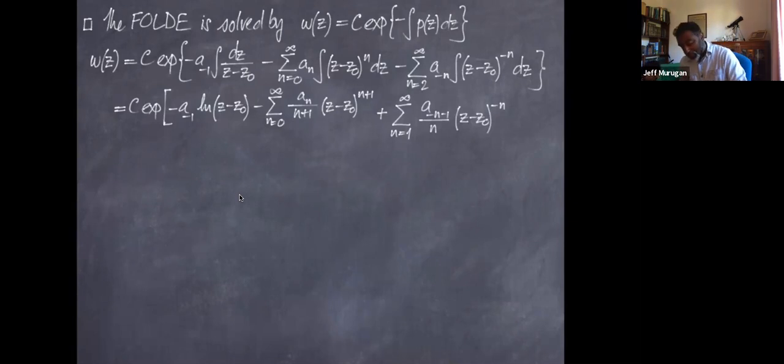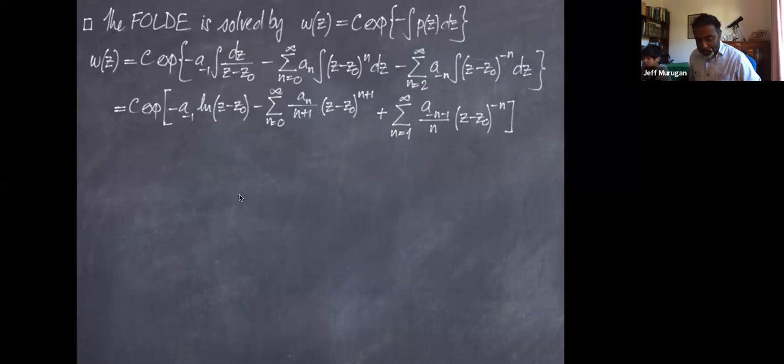What I've done here is the integration, and I've shifted the sum from 2 to infinity to 1 to infinity. When I shift the terms by 1, I have to shift the limits of my sum by 1, the same way you do this with integrals.